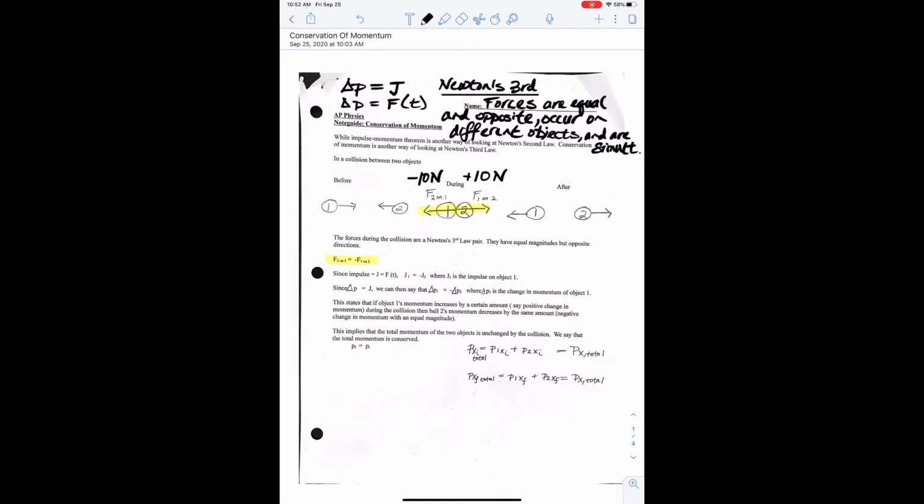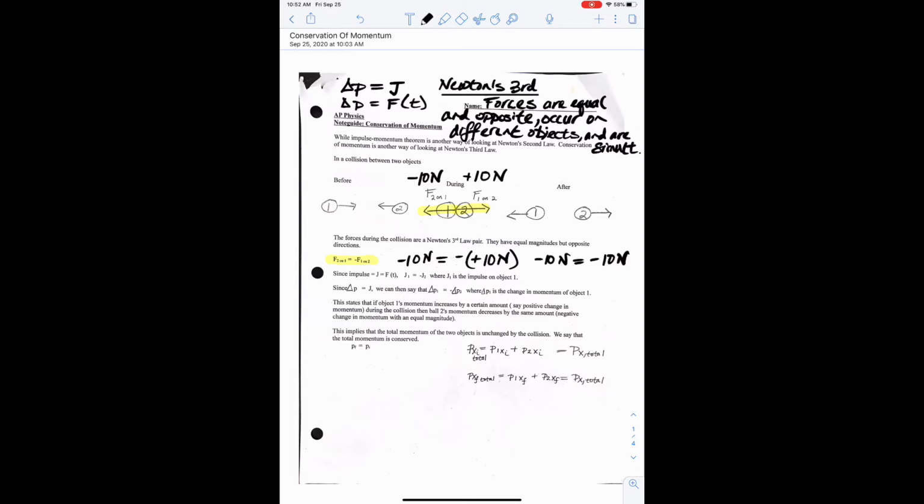If that's the case, we can plug these numbers into this equation. So negative 10 newtons, which is F of 2 on 1, is equal to the negative of the positive 10 newtons, which is F of 1 on 2. And that's what that equation is trying to state, which is true, right? Negative 10 newtons does equal negative 10 newtons if we do the math.